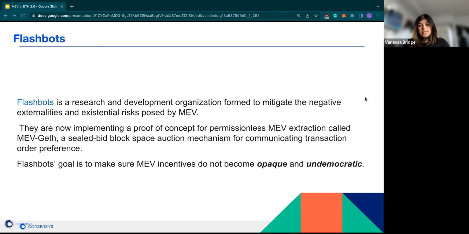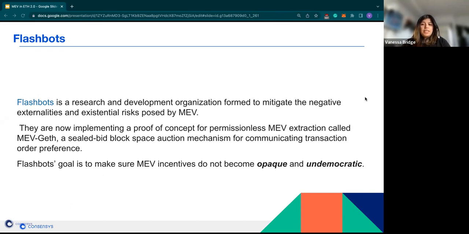So this is initially something that the Flashbots researchers developed to try and take away this priority gas auction from the network, because it was also causing a lot of network bloating, too many transactions that were just repeated transactions, and overall just creating chaos in the network.